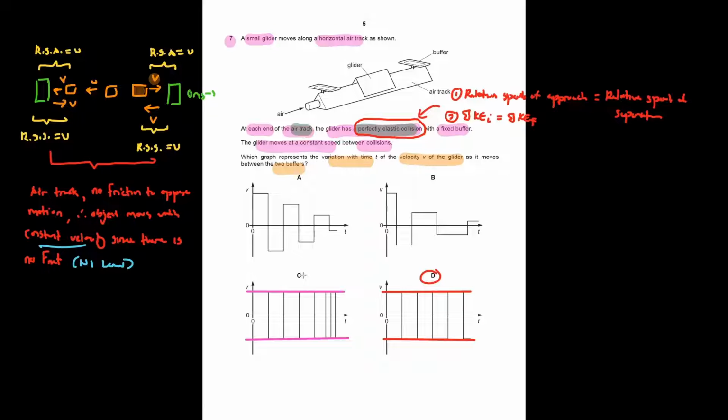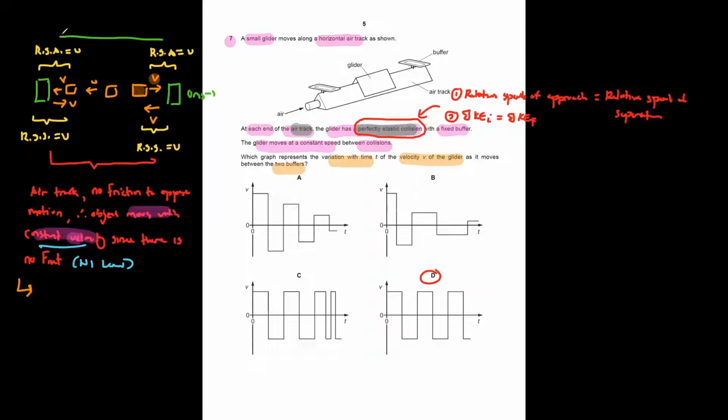But why is it going to be D, not C? It's because of what I just mentioned to you. Because you have no friction opposing your motion, you have no net force, so your object will continue to move with constant velocity. A consequence of this is that the distance between your buffers remains the same throughout.